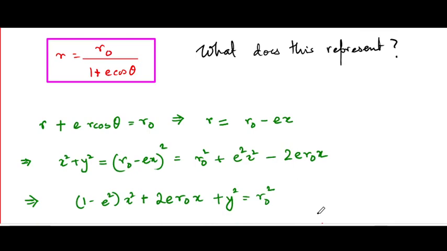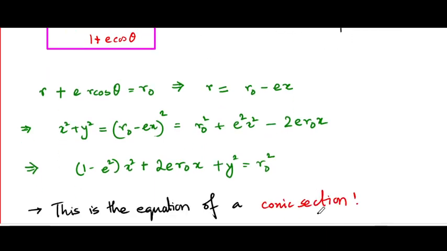This is an equation involving only terms up to order 2 in x and y. And from higher secondary coordinate geometry, we know exactly what kind of a geometrical figure this represents. The answer to that is, this is the equation of a conic section.